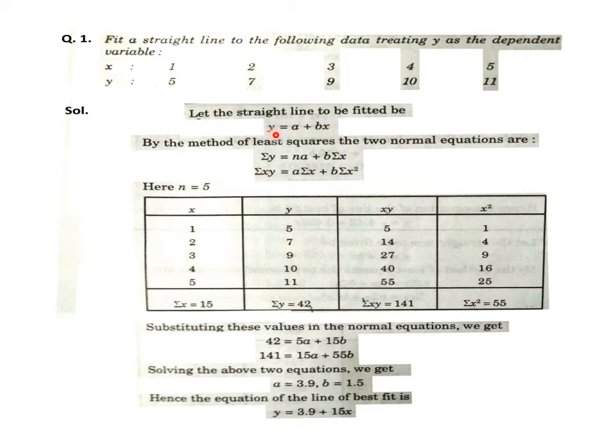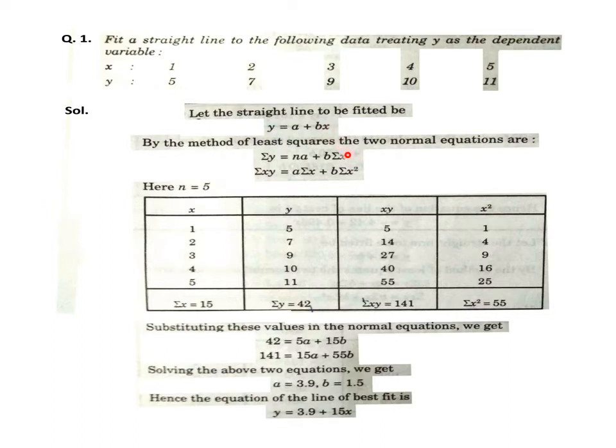So sigma taken over y, sigma y equals sigma a, and a is taken outside. So a into sigma 1, and sigma 1 means the number of points, which is theoretically assumed as n. So na plus b, the constant multiplier taken outside, into sigma x. The first normal equation is created in this fashion.